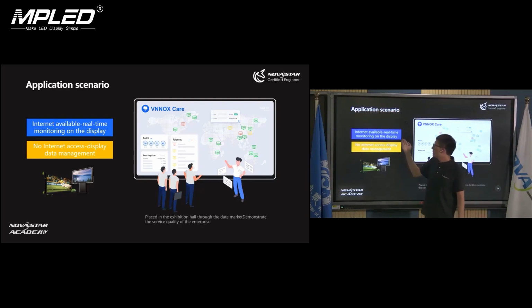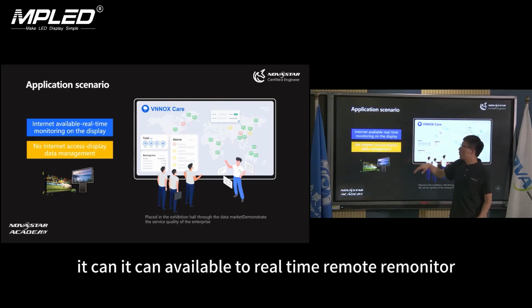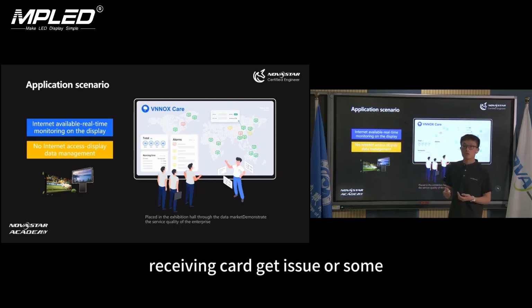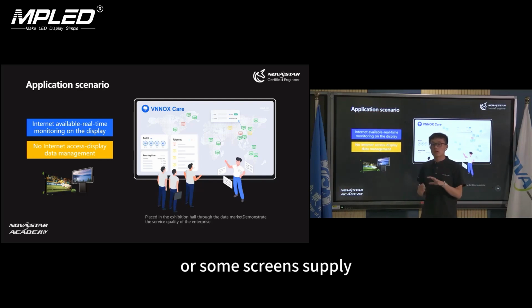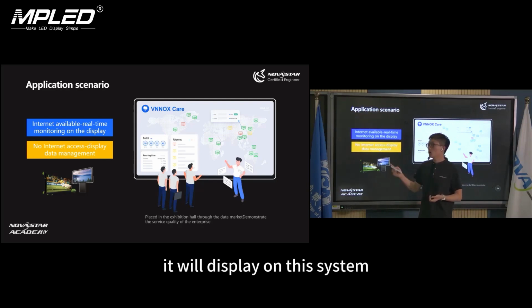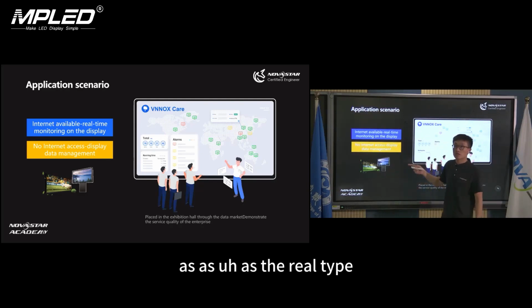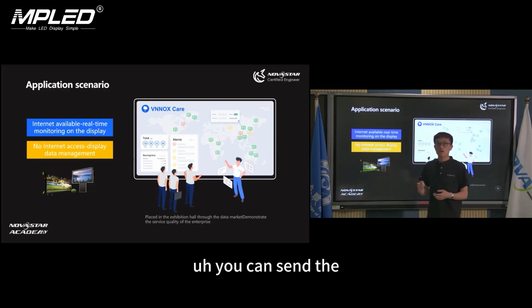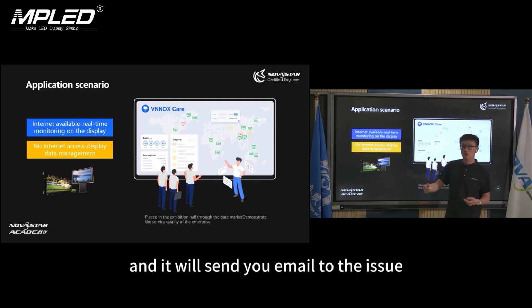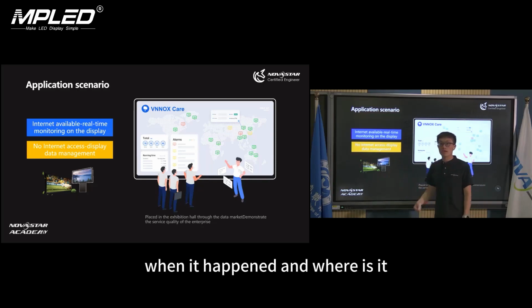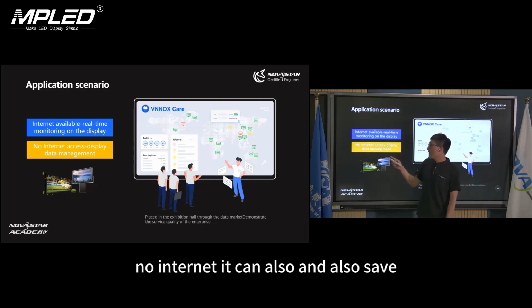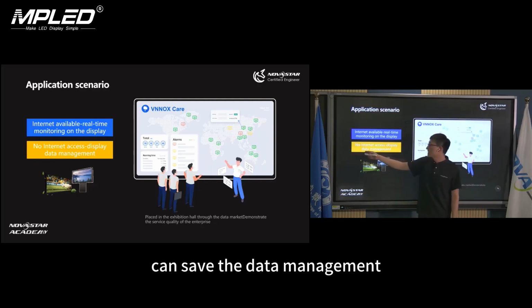When it is online, you can monitor the display in real time, such as when your receiving card has an issue, or some screen's power supplier has an issue. It will display on this system in real time. You can bind your email to the system, and it will email you when an issue happens and where it is. And if your system has no internet, it can also save the data.